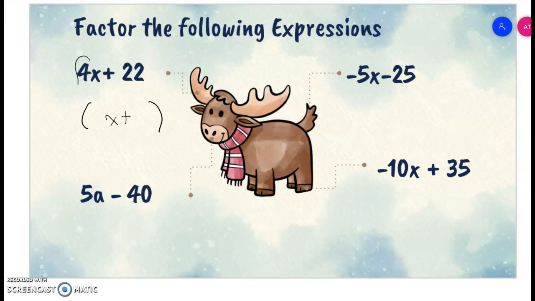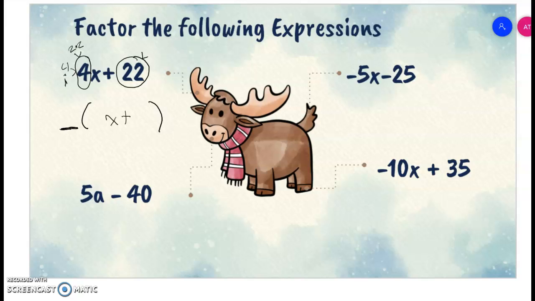Now what I'm going to be looking at is what times 4 and what times 22 that's the same number, such as 4, 2, 3, 8, 5, 7, whatever. What can I take out of both of those to put right in front of this parentheses? Well, I know that I can take a 2 out of 4 because 2 times 2 is 4, or I could take a 4 out.